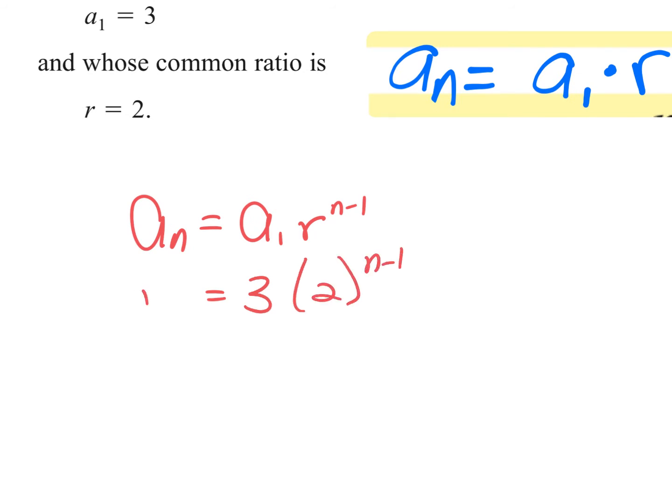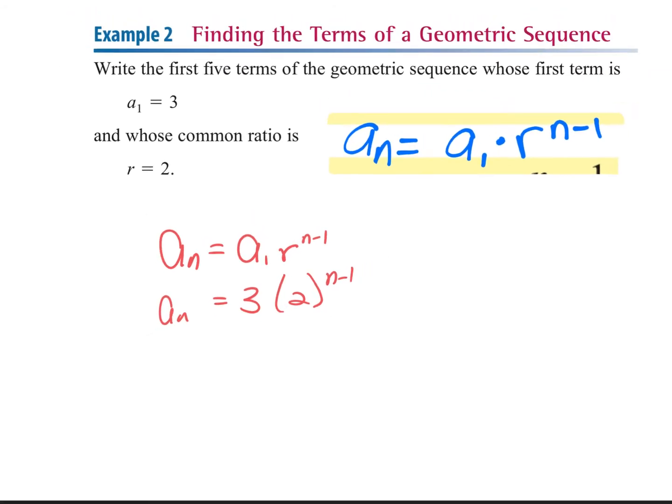Guys, please notice this is 3 times 2 to the n minus 1. Is that 6 to the n minus 1? No. When you evaluate this, you have to evaluate the exponent first, then multiply by 3. So part of your answer is right here that you wrote your rule.